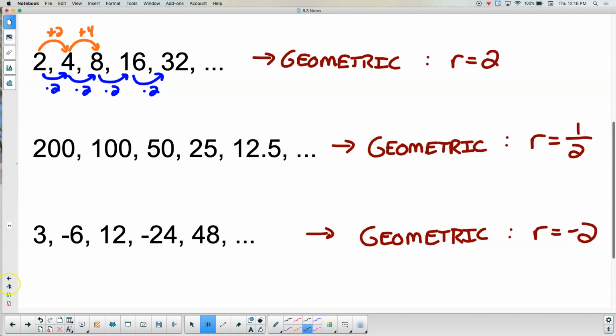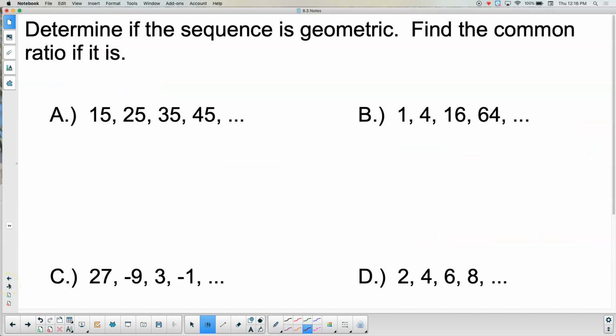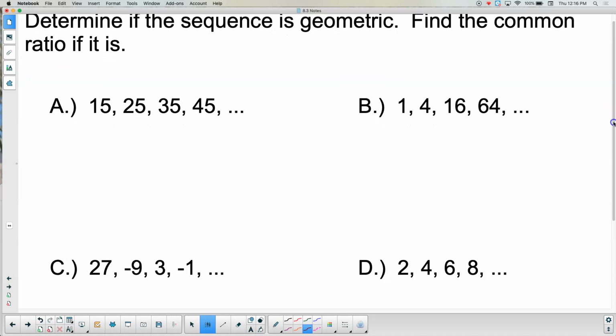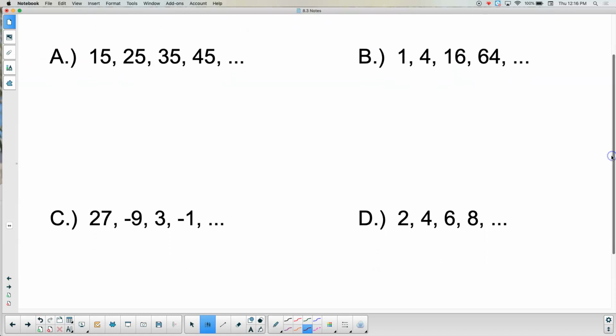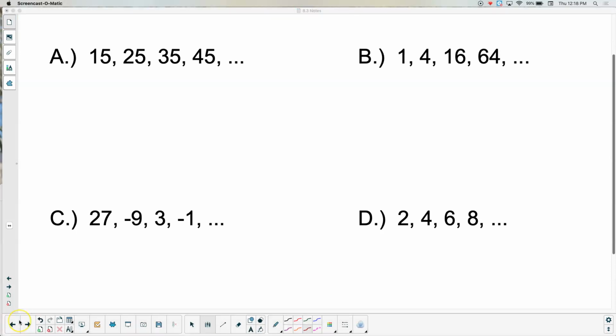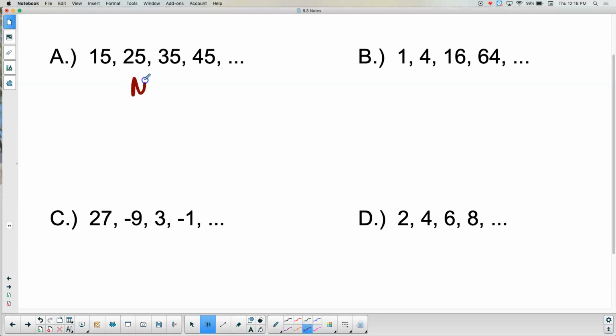What I'd like you to do now is I would like you to determine if these 4 sequences are geometric. And if they are geometric, find the common ratio. First one, geometric? No. But it is arithmetic, okay?